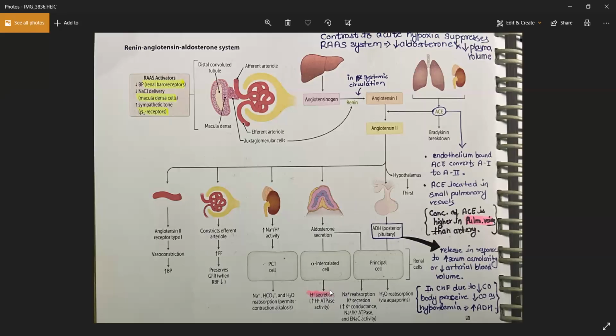Okay. Yes. Now let's talk about the ADH. What is the function of ADH? You know that it has V2 receptors. And how do these V2 receptors work? I mean, the signaling pathway of the V2 receptors.